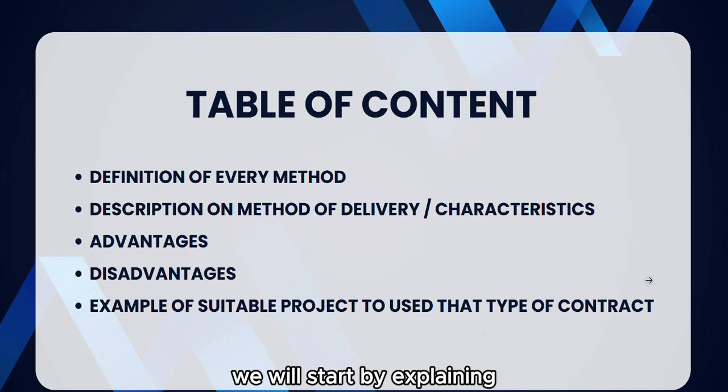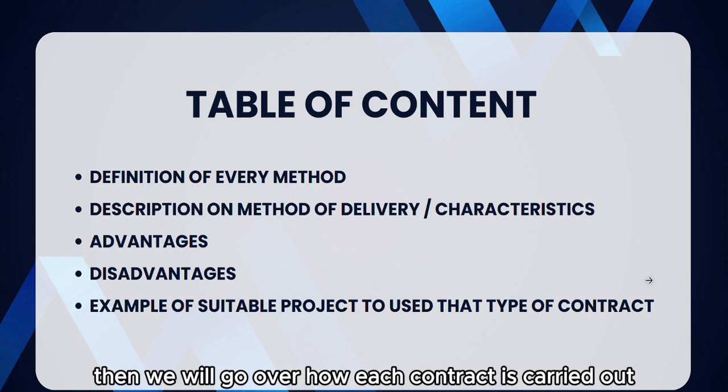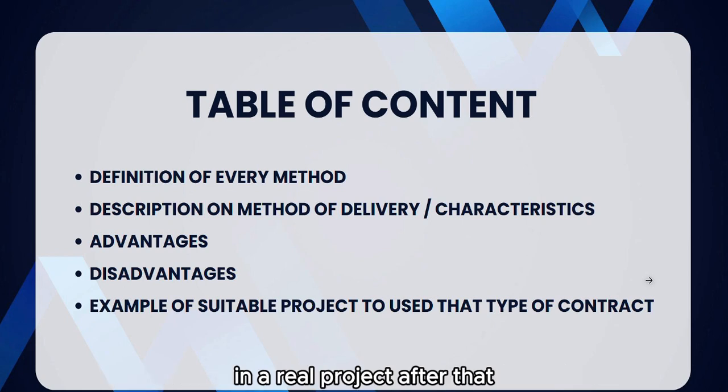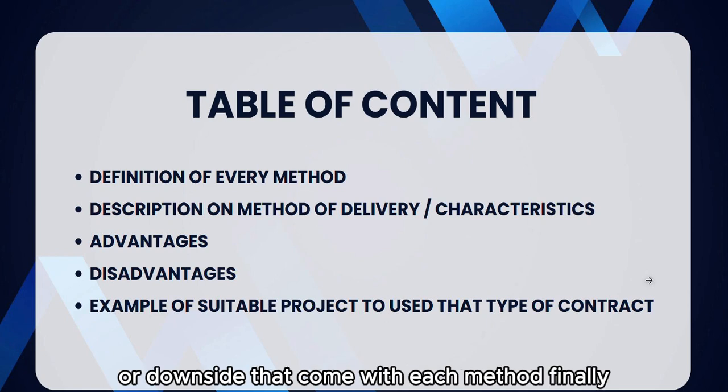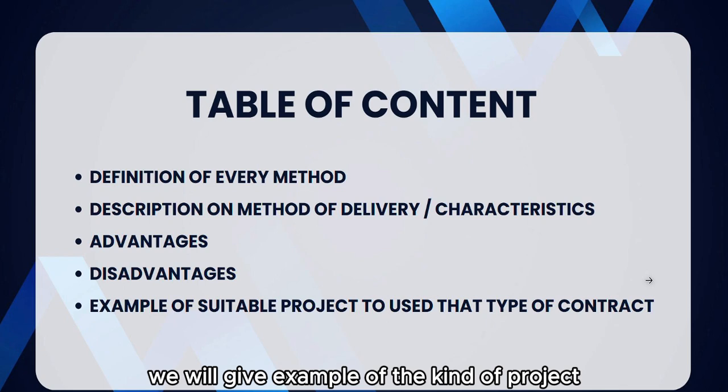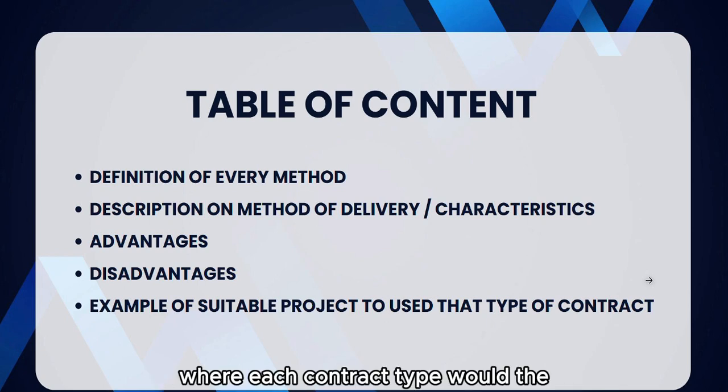We will start by explaining what each contract type is all about. Then, we will go over how each contract is carried out in a real project. After that, we will highlight the benefits of using each type of contract. We'll also cover some of the challenges or downsides that come with each method. Finally, we will give examples of the kind of project where each contract type would be the best fit.